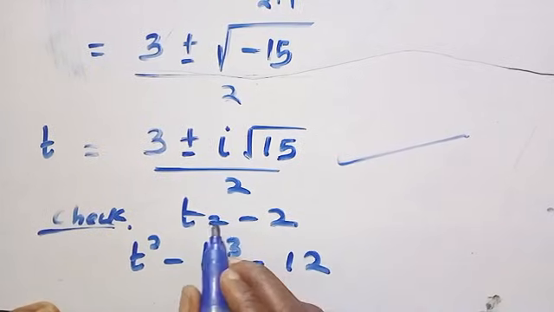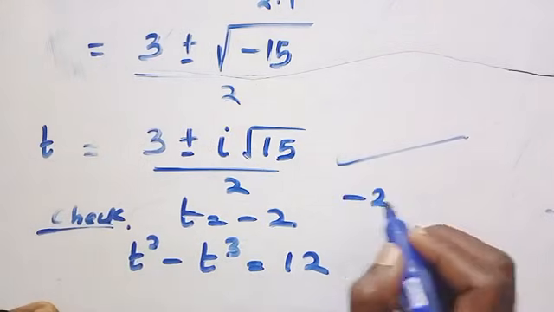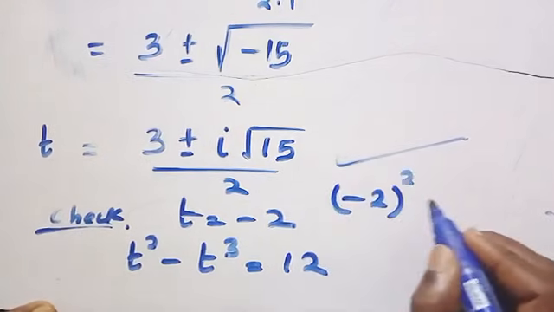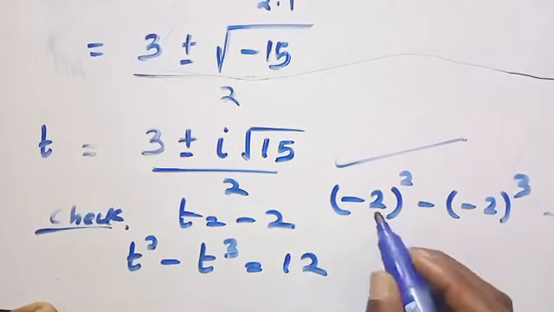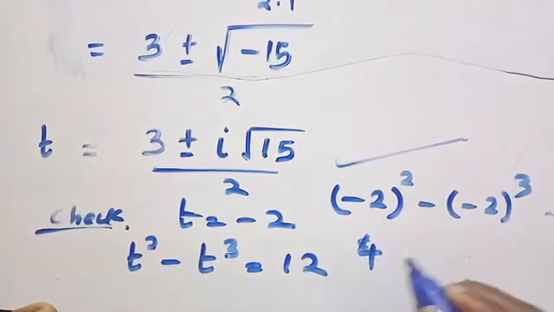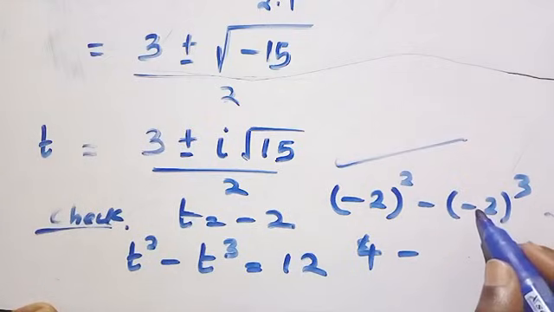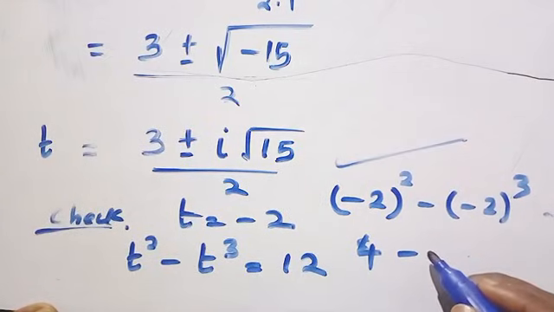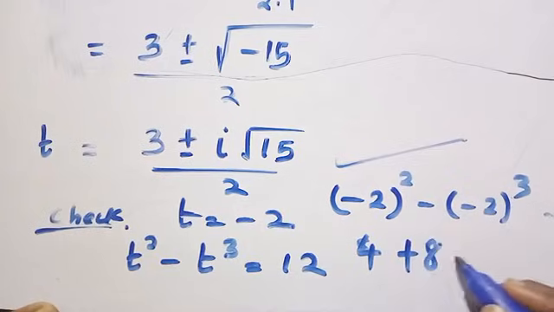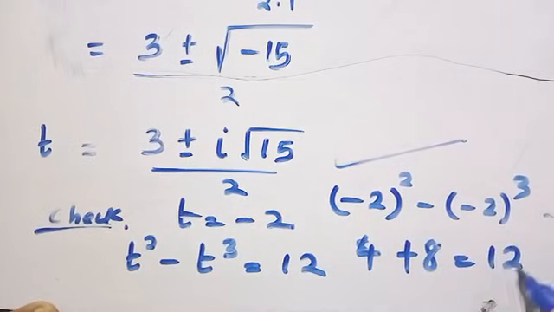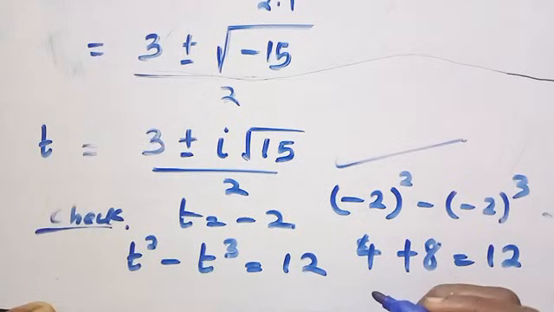So putting this value here into this, we have minus 2 squared minus minus 2 cubed. Minus 2 squared, that is 4, minus, here is minus 2 cubed, that is minus 8, then minus minus 8 gives us plus 8. And 4 plus 8 equals 12. So this is how to solve this problem.